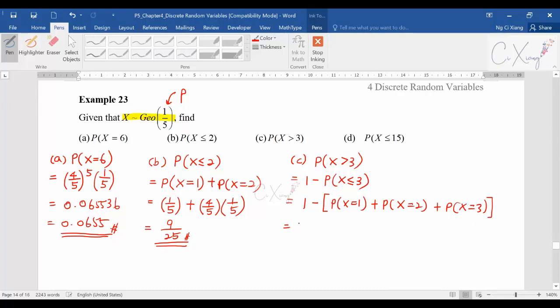You have to write out the steps slowly. For x equals 1, the first trial you already get the success event, so it should be 1 over 5. For the second trial, it is 4 over 5 multiplied by 1 over 5. And the third one is 4 over 5 squared and then 1 over 5. It is not hard at all, the step is not really long. You can try and see what answer you get. You should get 64 over 125.